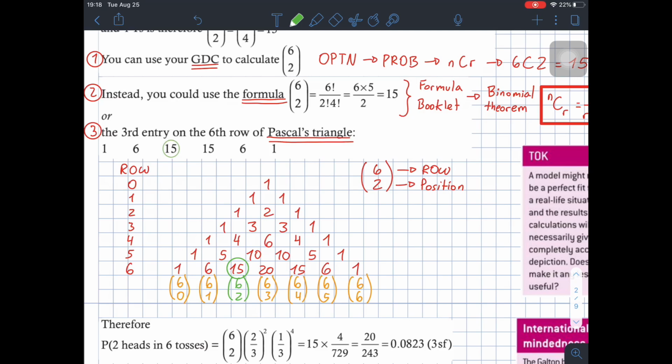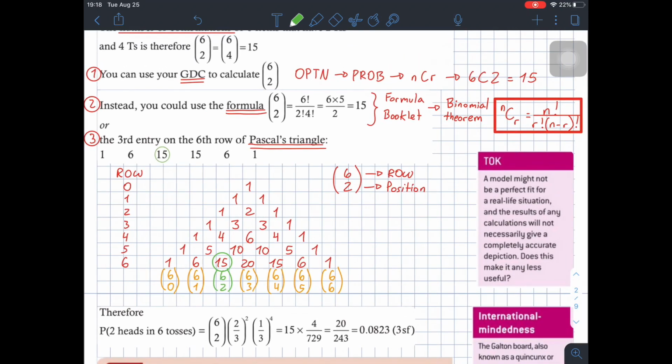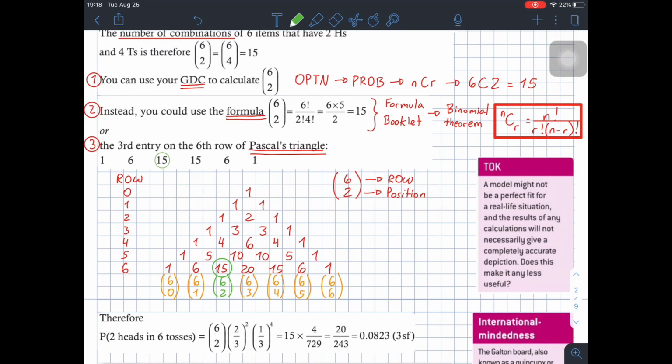It's the third element of the row because the first one is always 6 or n and 0, okay? So that's another way of calculating the binomial coefficient, okay?